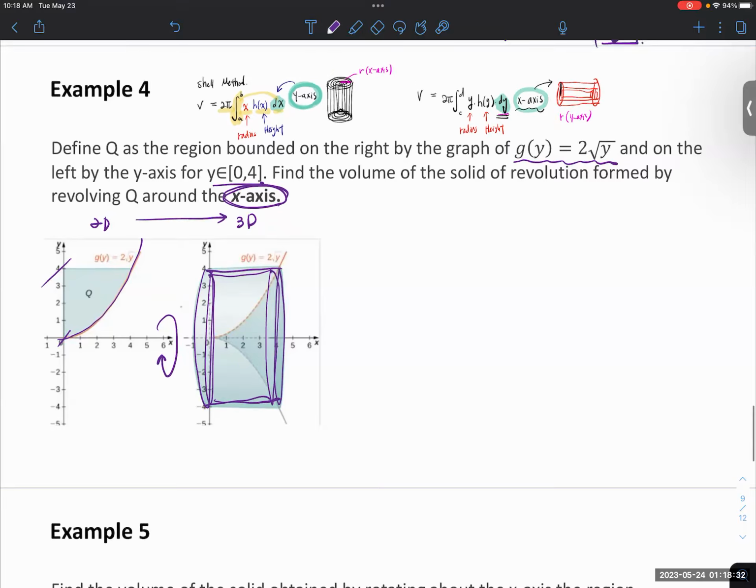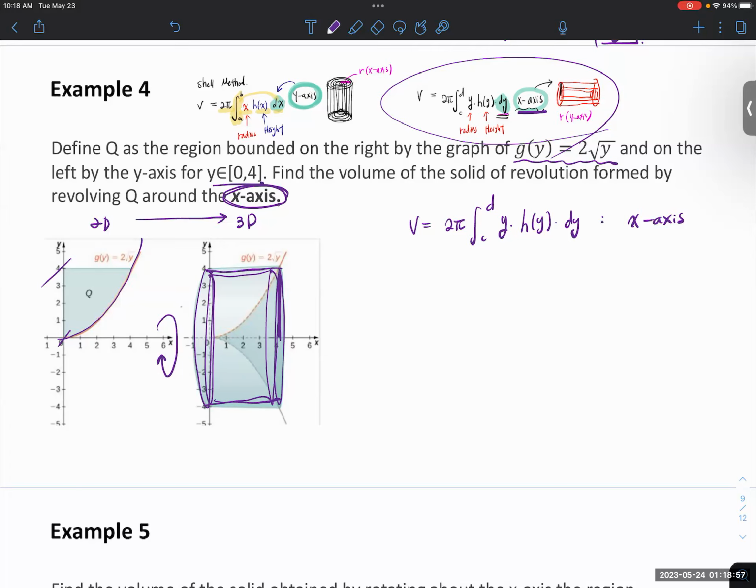This time we're going to use the second formula because we rotated about the x-axis, right? So volume equals 2 pi, c to d, and everything is represented by the y variable. You rotate about the x-axis because the radius of the circle is exactly on the y-axis.